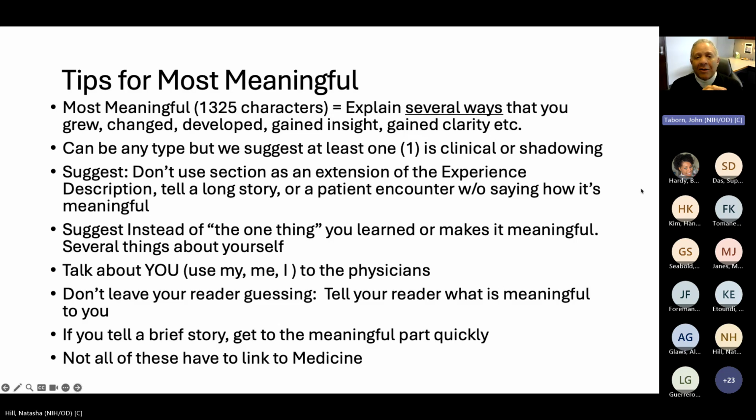Also, many of you might want to choose, and I've seen this, to tell a story. When it says most meaningful, you start telling a story about a patient that you saw, or a clinical experience, or an example of someone that you tutored. And then the question is, do I show or tell?